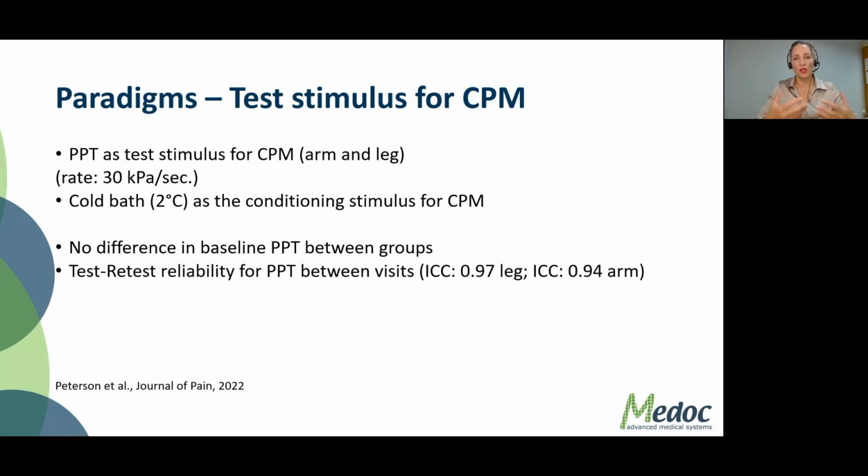So this is a way to measure the effect of COVID on our pain system. And this is an interesting finding. And by the way, the retest reliability for PPT between visits was again excellent.